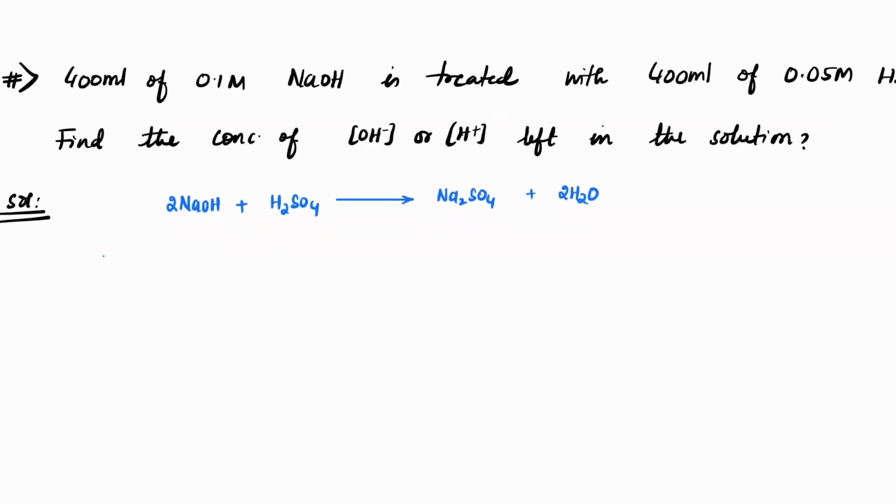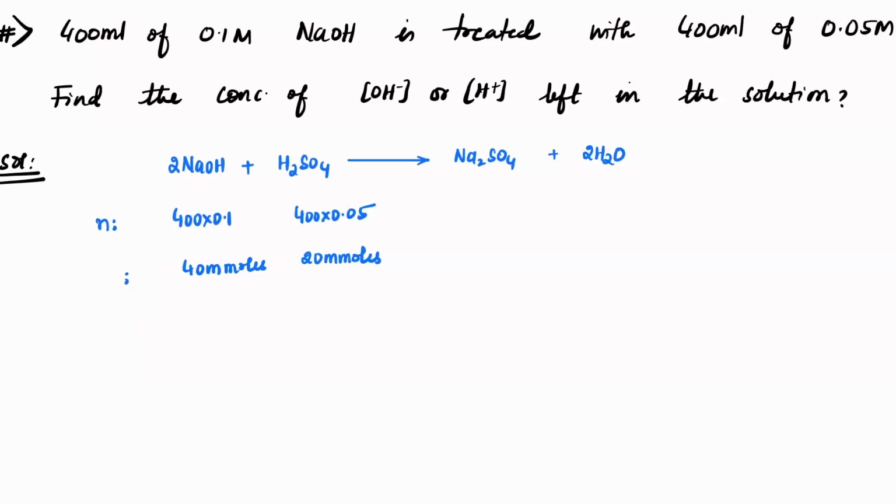Now, to put the number of moles, I can write 400 into 0.1 and 400 into 0.05. So that makes it 40 millimoles, and here it will become 20 millimoles. Now, compare the stoichiometric ratio.